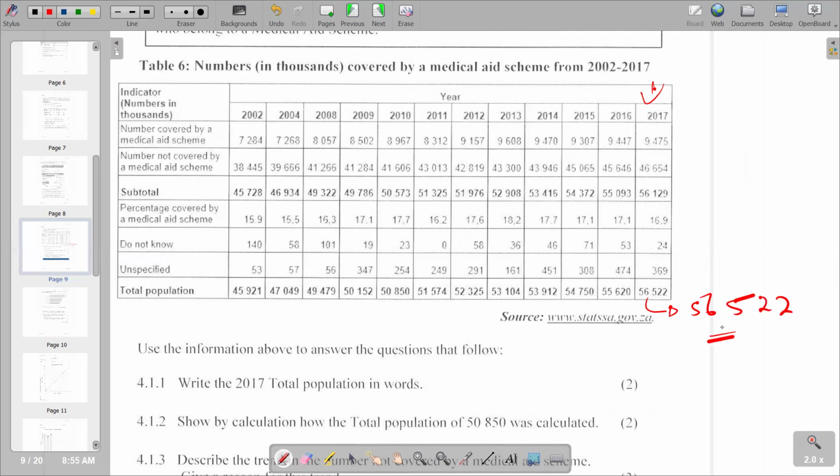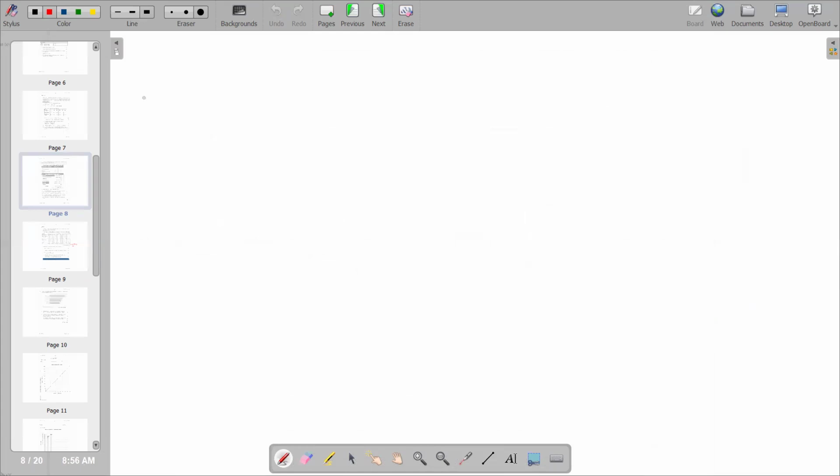So this is the one that we're supposed to convert to words. So going to another section, we are just going to present it in words, whereby we have 4.1.1. And the figure that we have is 56,522.